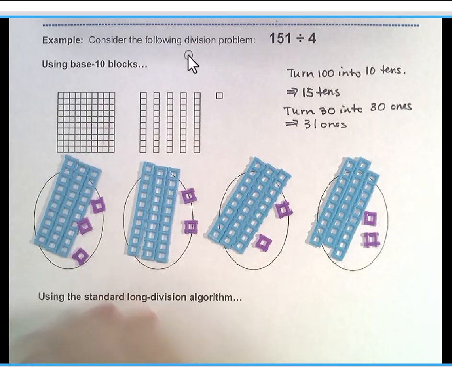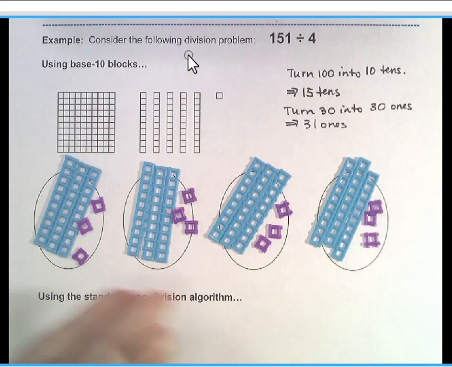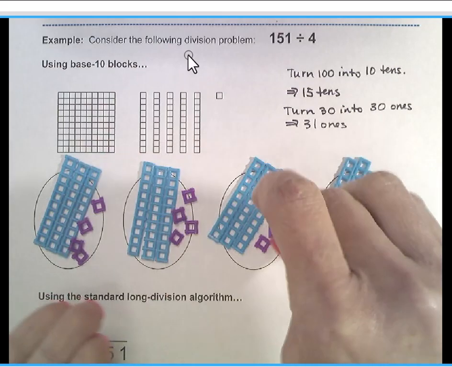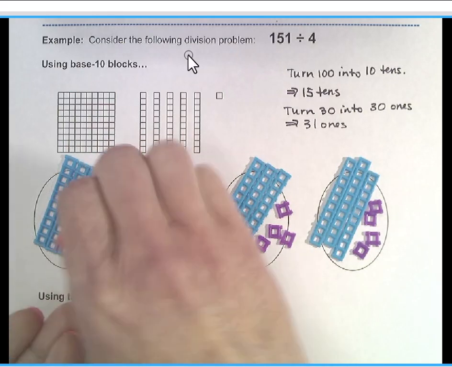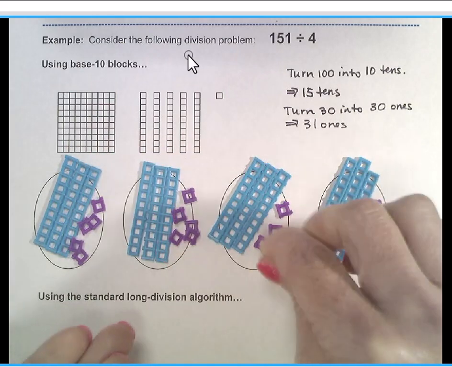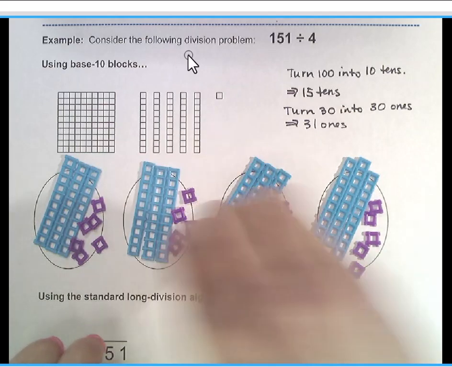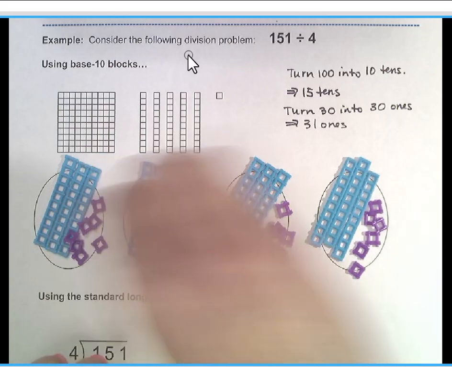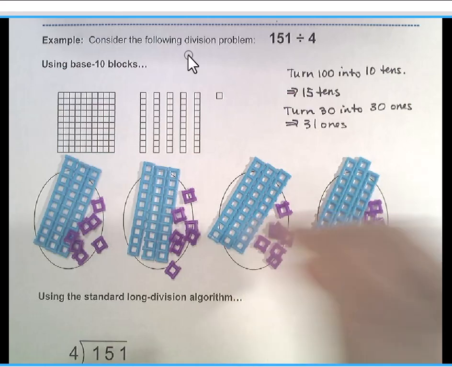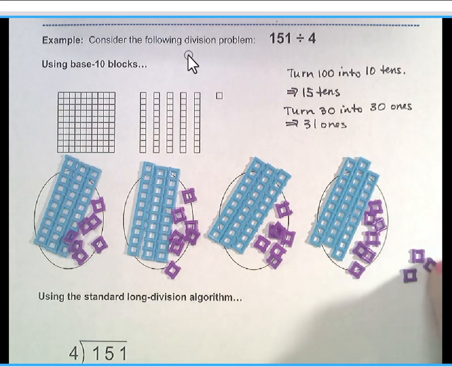Actually, with the actual base 10 blocks, if you can buy class sets of them, it's much easier. They're easier to handle. So again, I'm just going through here partitioning, and hopefully I'm going to do it right. There, a few more. 1, 1, 1. And I have these 3 little guys left over at the end.